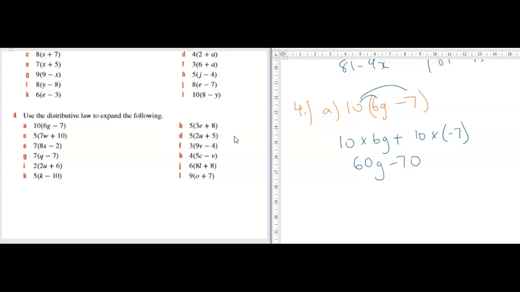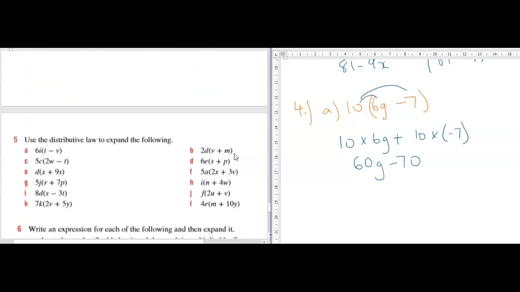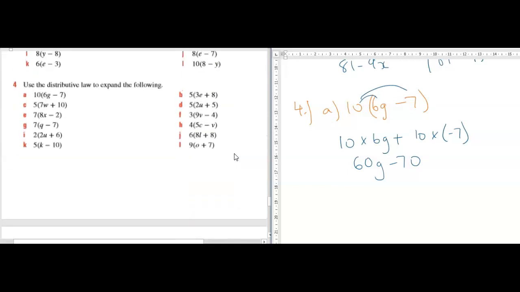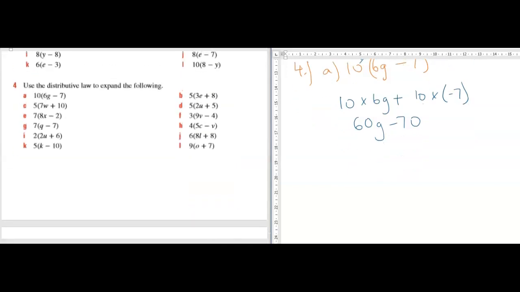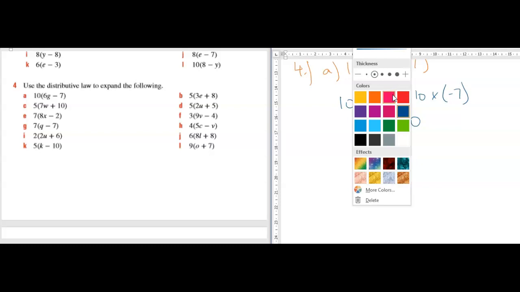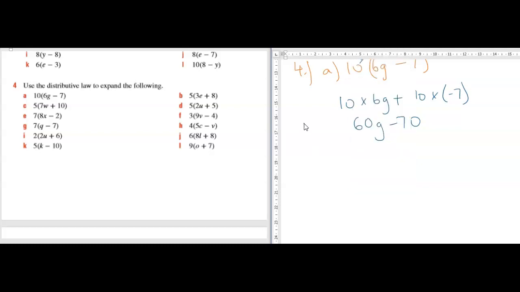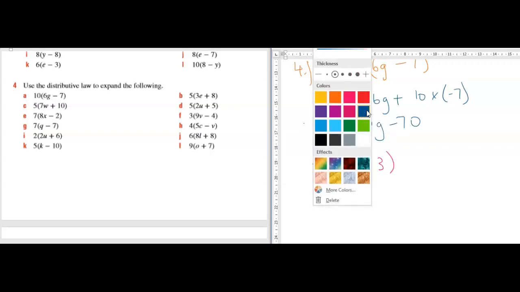Now, I'm going to do a question that's not on here, and I don't think it's going to come up. So I'm going to add a question in that's not on there. Maybe I'll do it in a different color. So let's say I had 2 negatives. Let's say I had negative 2 times a minus 3. This is why I always use brackets.